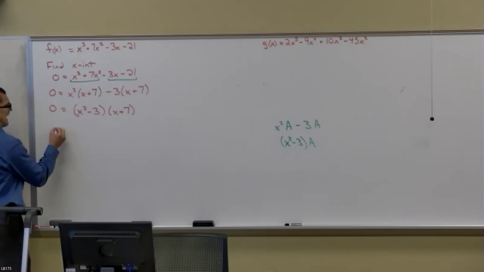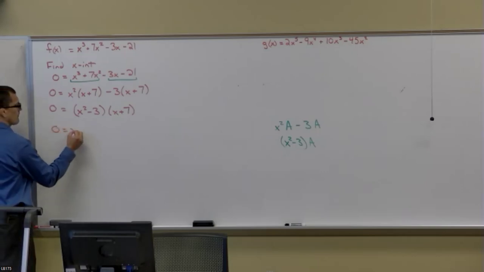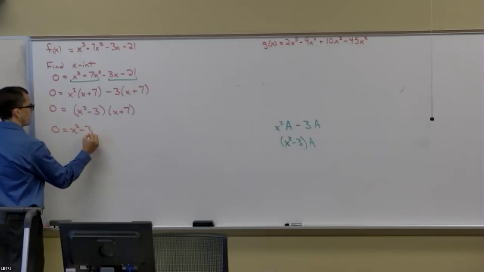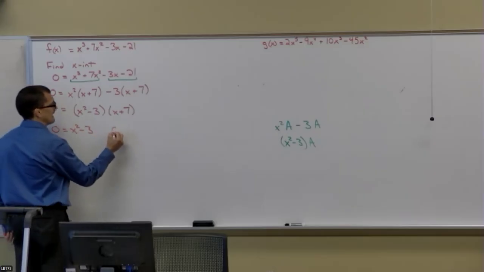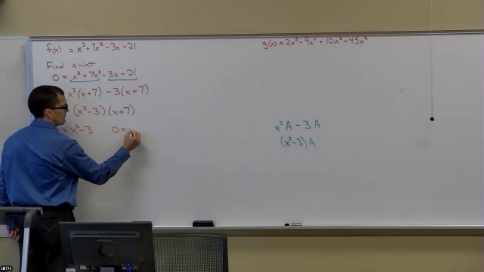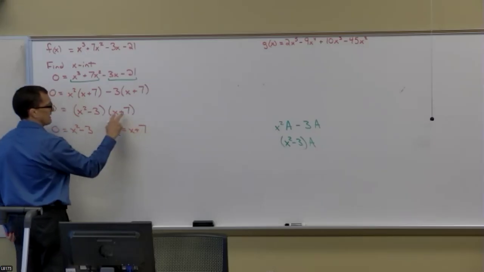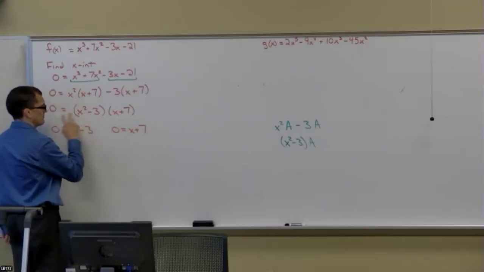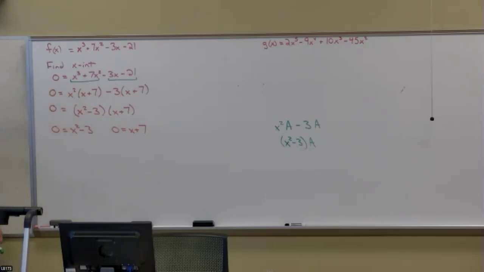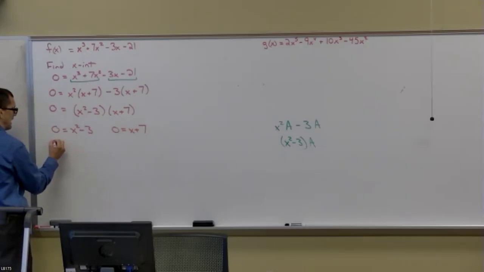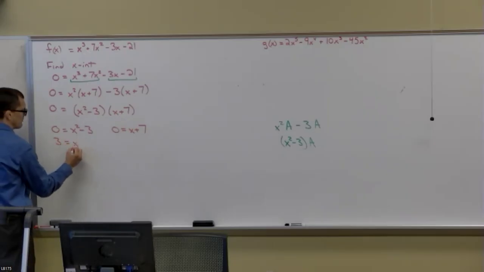So we'll set that equal to 0. And then we'll set the x plus 7 equal to 0. Notice again, I'm doing that because I have something times something equals 0, so I can use that zero factor property. If I were to solve this, I would get 3 is equal to x squared.